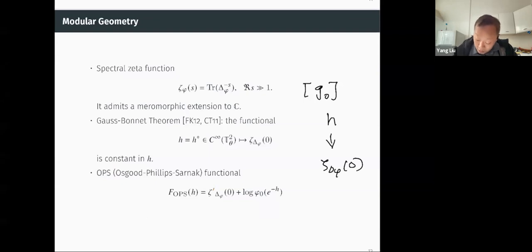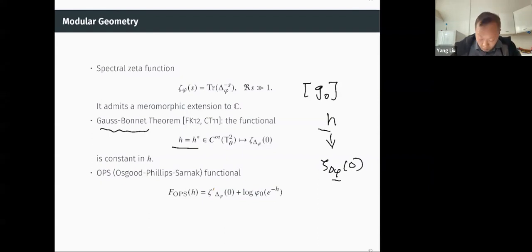Recall that this volume phi depends on this H. This functional is constant in H, which resembles the integration of scalar curvature. So it's independent of the metric. That's the statement of the Gauss-Bonnet.